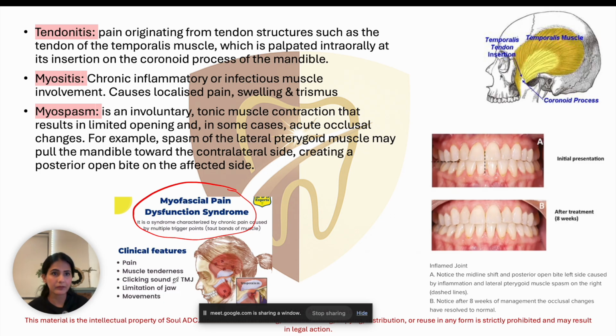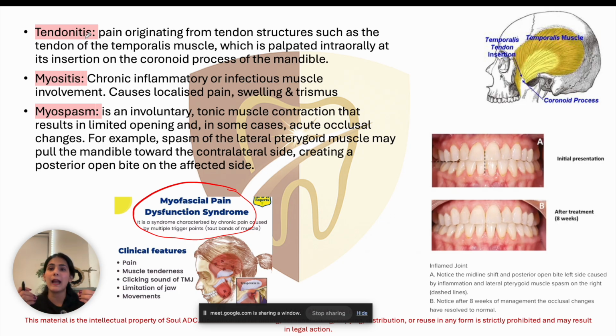Now let's discuss the other issues, that is tendinitis. What is tendinitis? Tendon. So the problem is happening in the tendon, there is inflammation of the tendon. A tendon is basically connective tissue which connects your bone and your muscle.